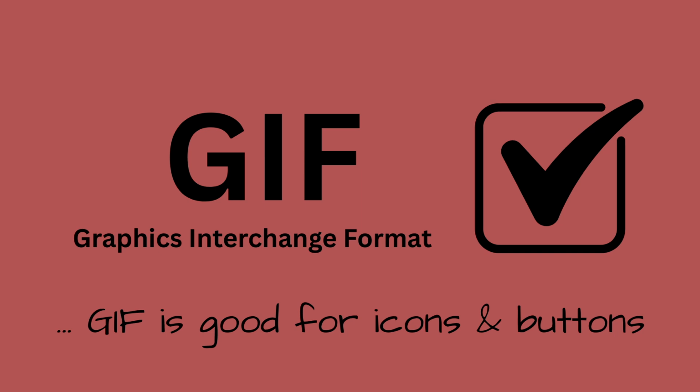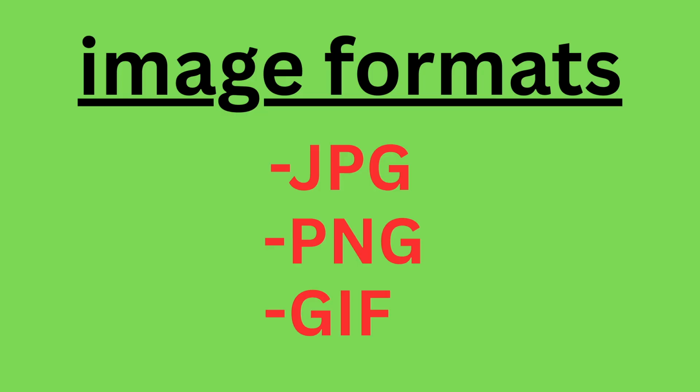They are most suitable for icons and buttons. They are used to create simple animations. So the JPG, the PNG, and the GIF are the most common image formats. There are so many other ones like the SVG and the WEBP. They all have their functions.